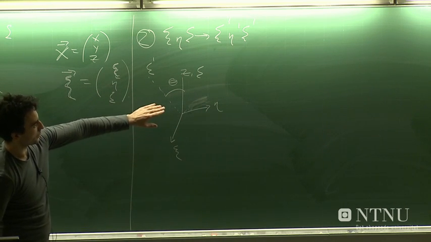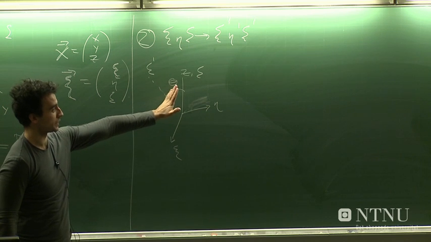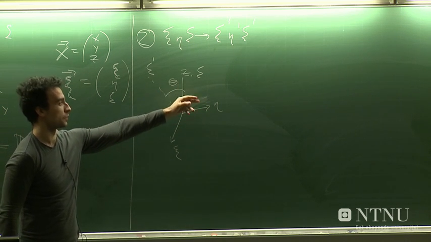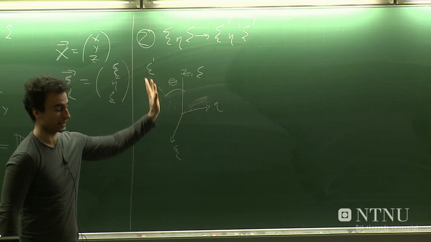So we're basically now performing a rotation with an angle theta, such that we're tilting this z or zeta axis to a zeta prime axis.